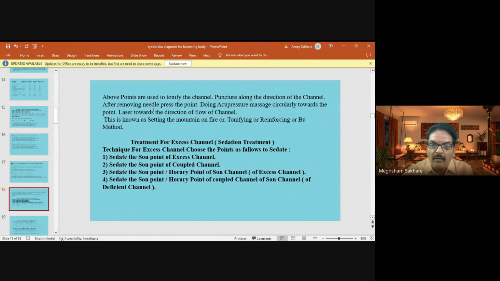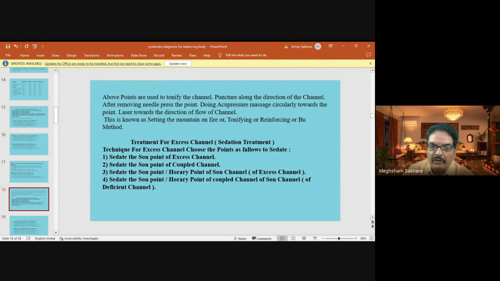Then the above are used to tonify the channel, puncturing along the direction of the channel. Tonifying means puncturing towards the channel or along the channel, and sedation means against the channel. After removing the needle, press the point, doing acupressure massage circularly towards the point.